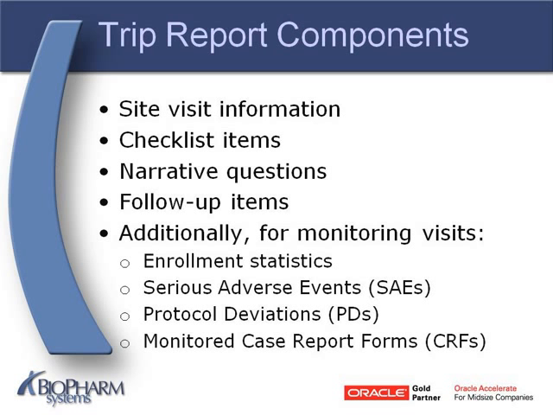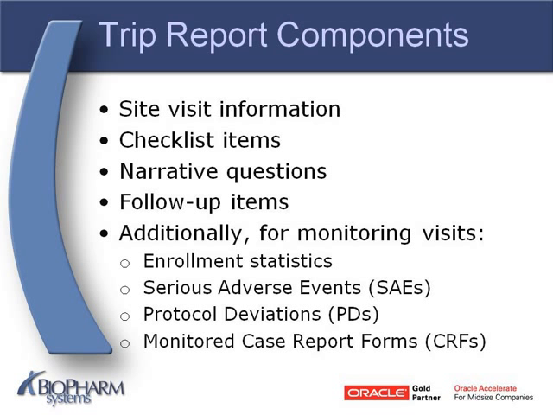Your narrative questions, questions that require descriptive answers, your follow-up items or issues that you encounter during monitoring at the site. And additionally, for monitoring visits, you're also going to be looking at subject enrollment statistics, monitored serious adverse events, monitored protocol deviations, and CRFs as well.